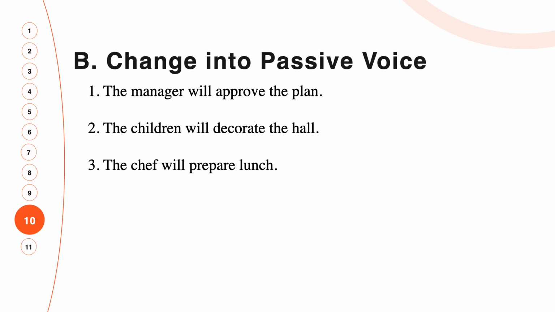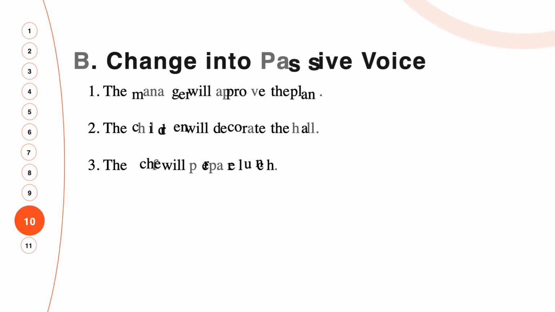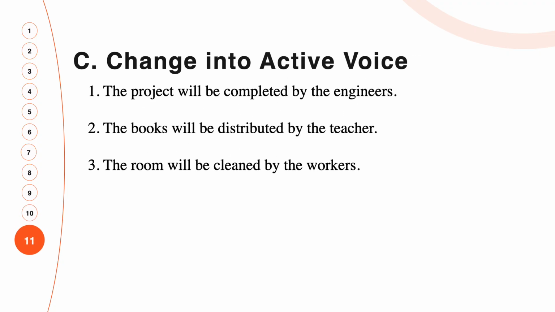And the second one also carries the same thing that we used in the first one. The children will decorate the hall will turn into, the hall will be decorated by the children. And the third one, the chef will prepare the lunch will turn into, the lunch will be prepared by the chef. Now let's move on to the question C.